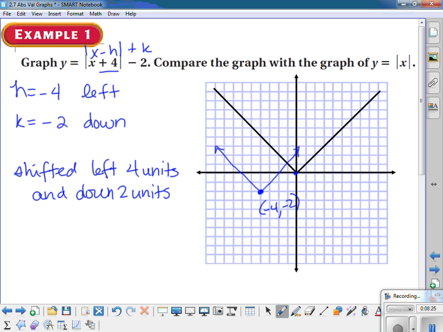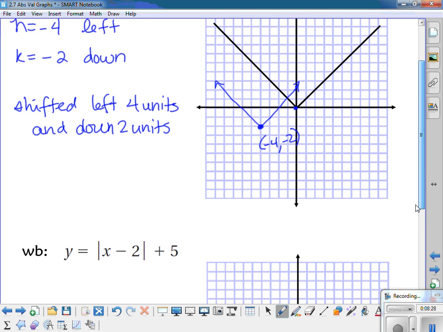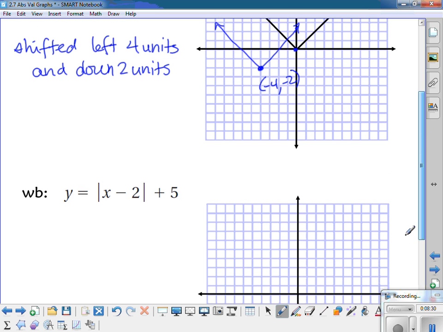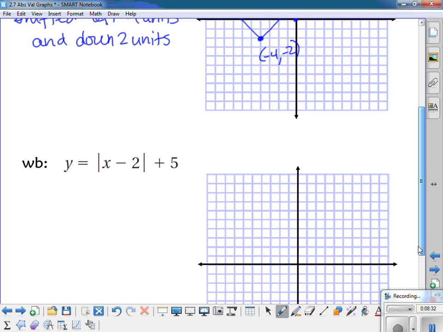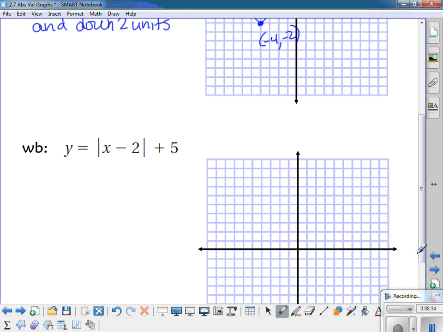Okay? So on your whiteboards, which there should be one on your desk, I'm going to have you graph this one and then tell me how it compares.